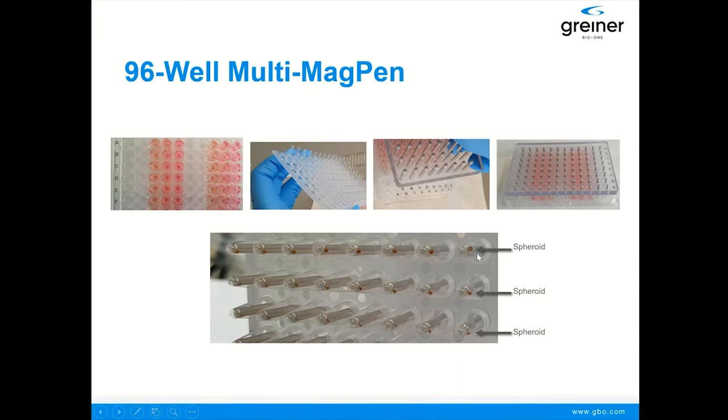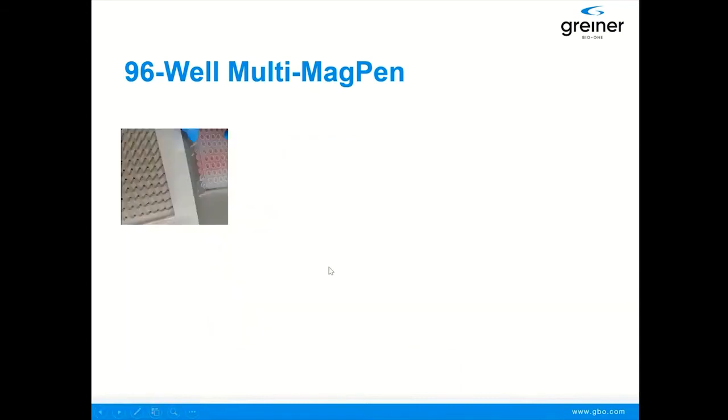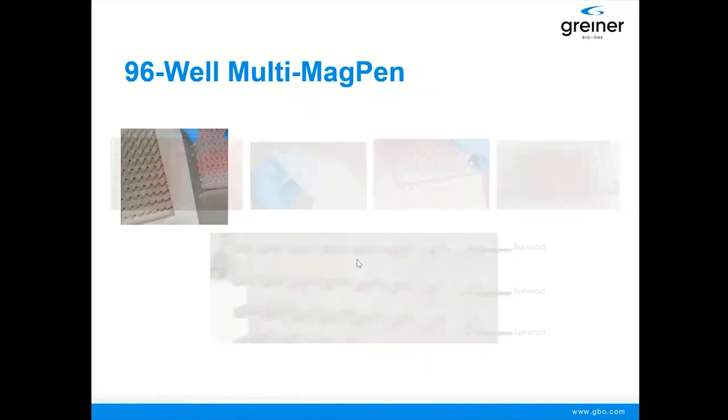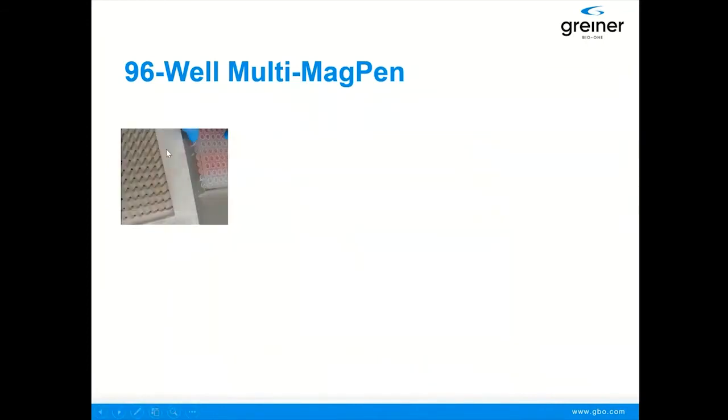Now, how do you transfer? You remove the magnet from the plate, so your sleeve is still there. And here you go to a new plate. So you take the magnet off of the old plate and insert this in the new plate.